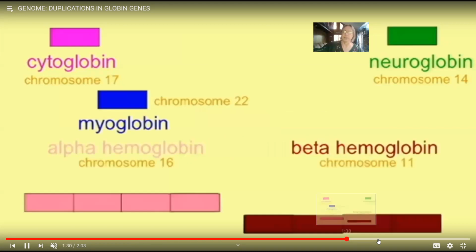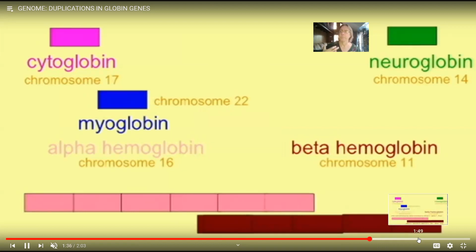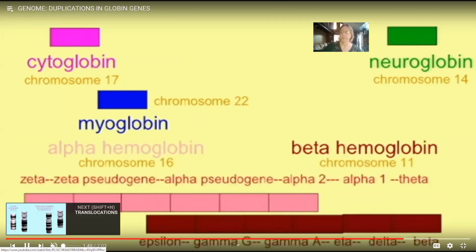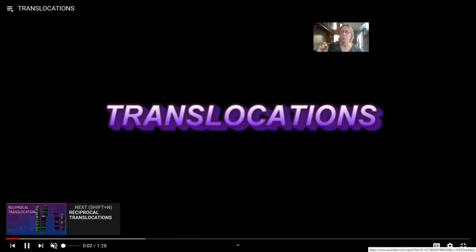So once again, part of another lecture, but gene duplication is very important in evolution. And so while chromosomal duplication might affect one person negatively, very often when we ask what was the origin of this gene family, it was chromosomal duplications.